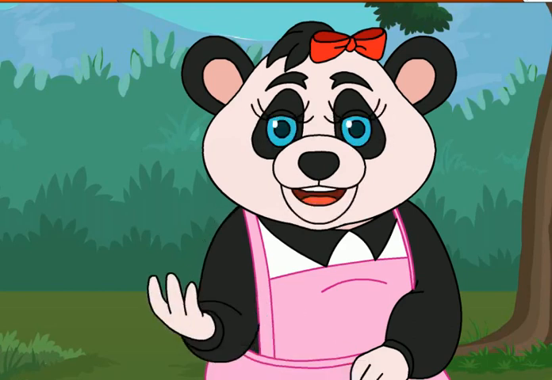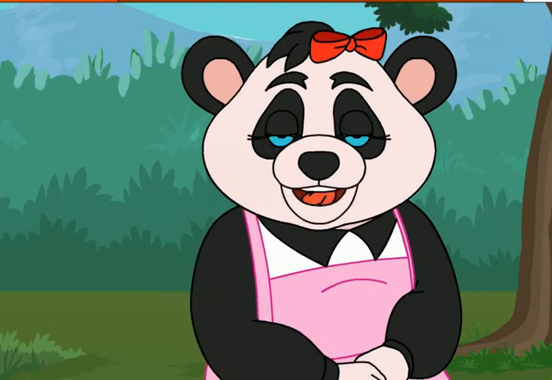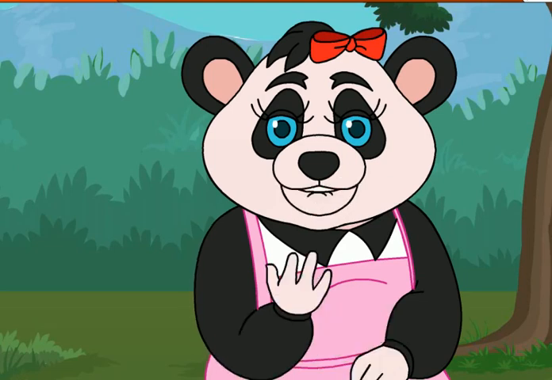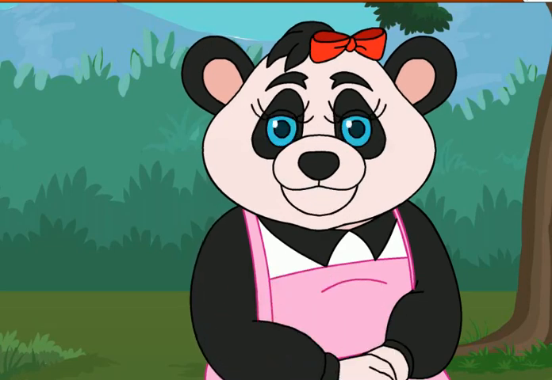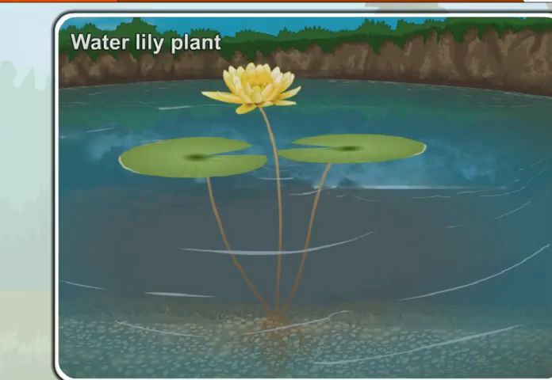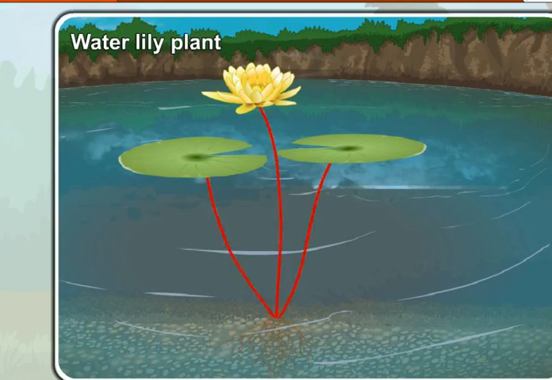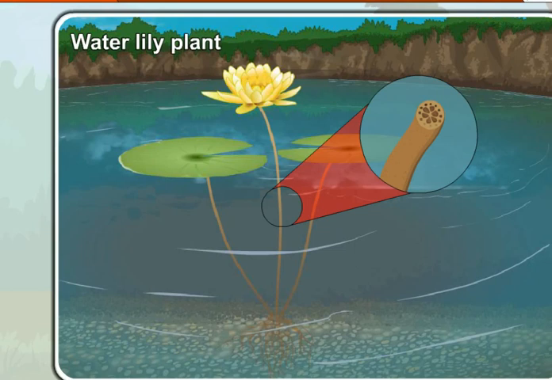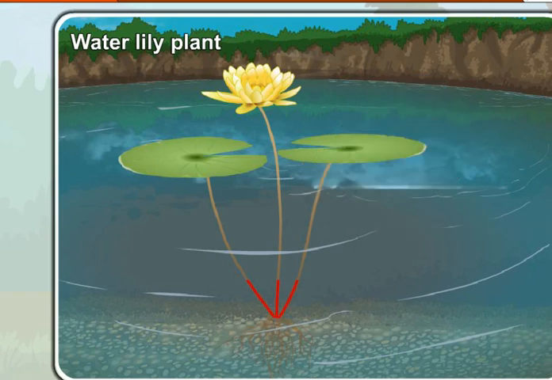They help the water lily plant to float on the surface of water. Like the lotus stem, the water lily stem is also hollow, soft and spongy. This stem helps the water lily reach the surface of the water.